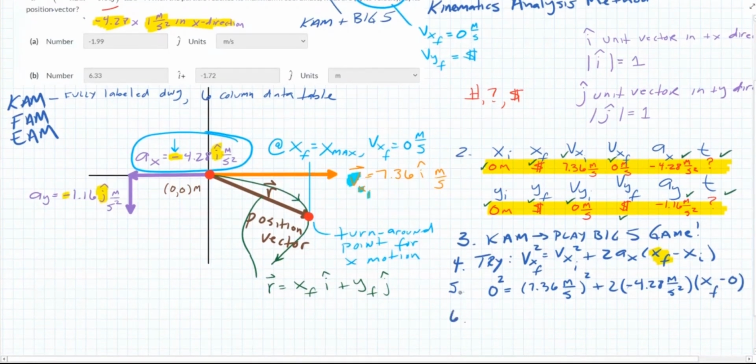Okay, let's solve for X final. This is one of our $3 signs. Let's figure it out.